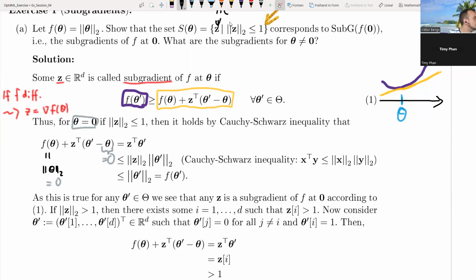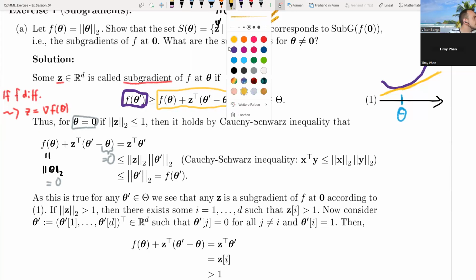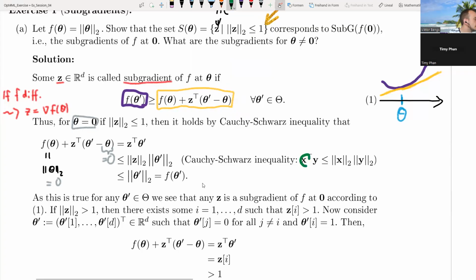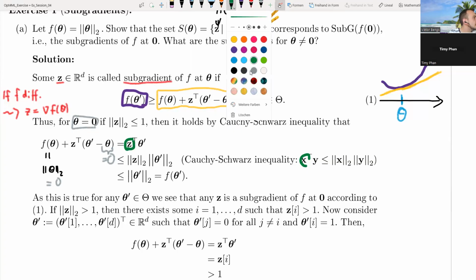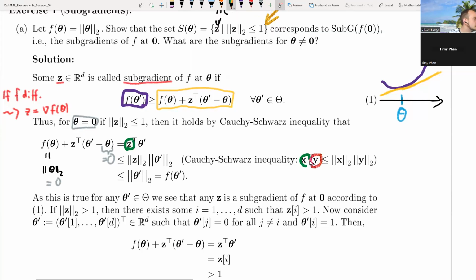Here, for x we use z, and for y we use theta prime. We get that this inner product is bounded by the product of the Euclidean norms of z and theta prime.